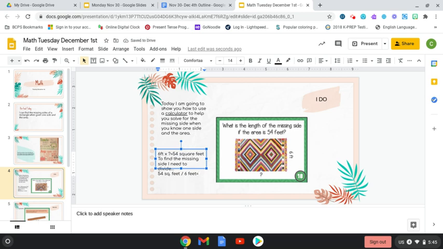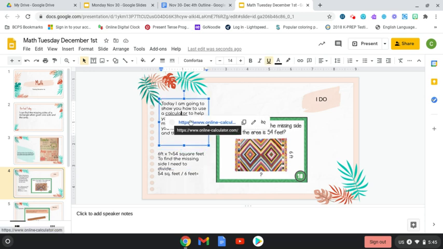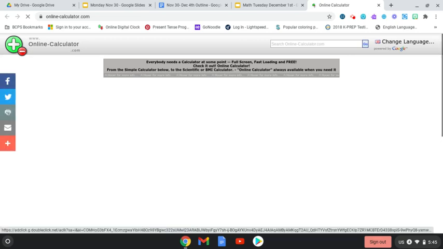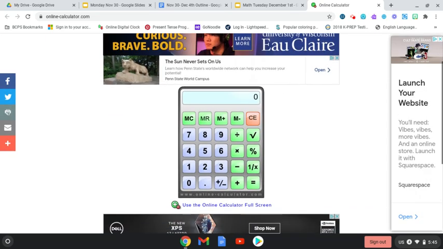Now I'm going to use my calculator to find out how long that missing side is. I'm going to go to the calculator and type in that equation: 54, and here's your divided by, 6 equals 9.